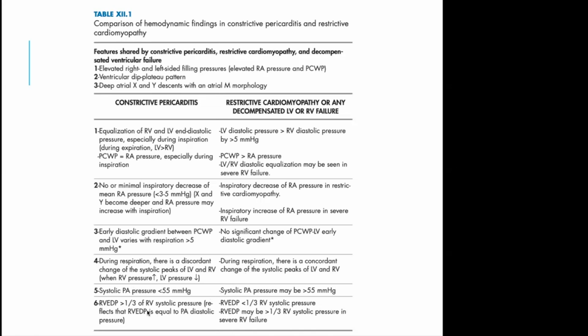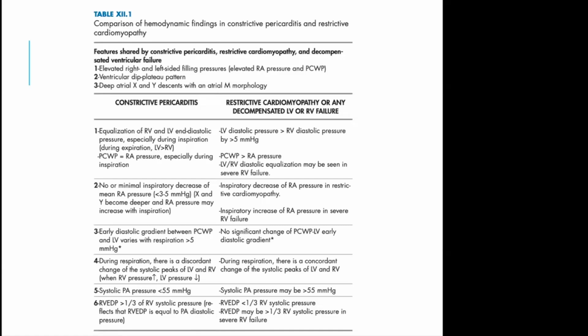And then finally, the last 2 points. Systolic PA or pulmonary arterial pressure is usually less than 55 millimeters mercury, whereas it's usually higher than 55 millimeters mercury in the other disease states.